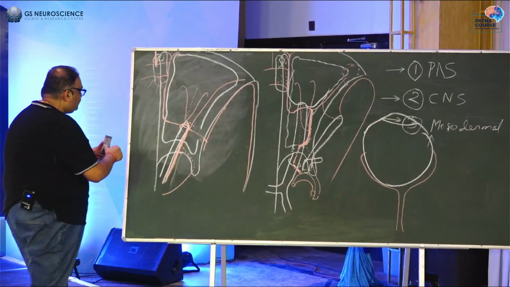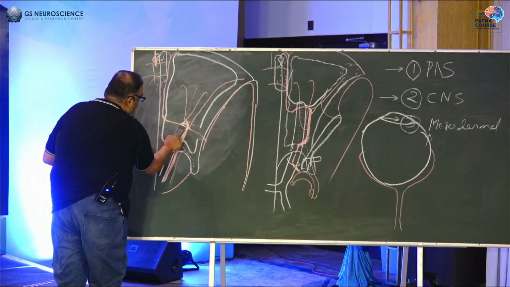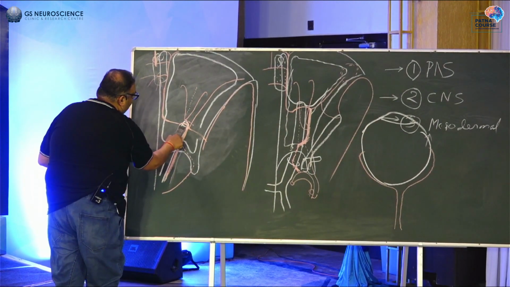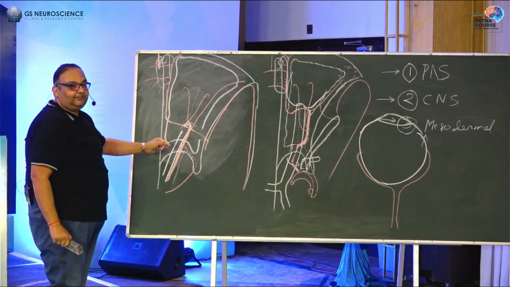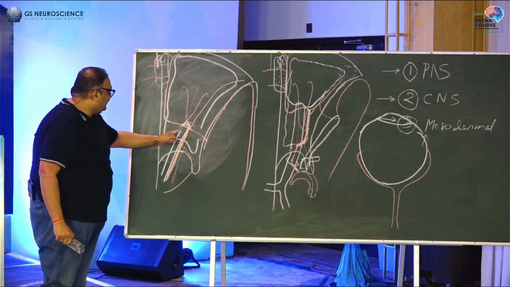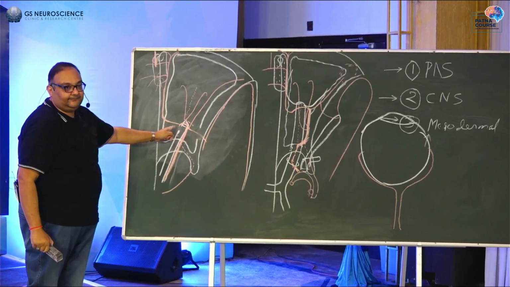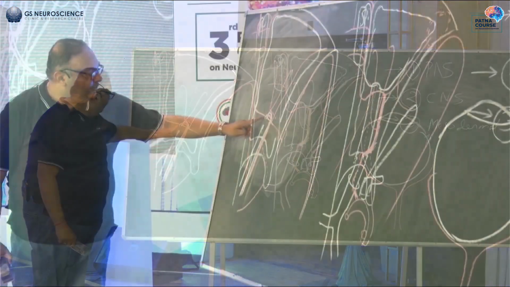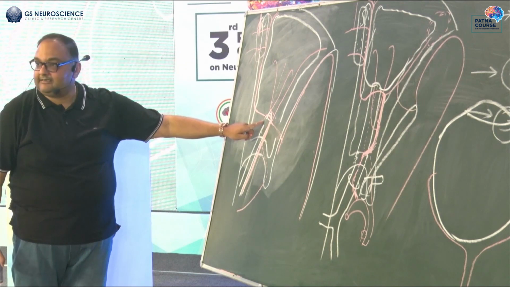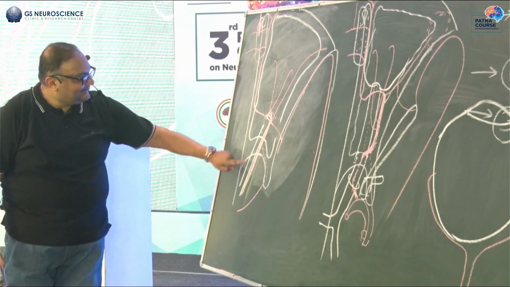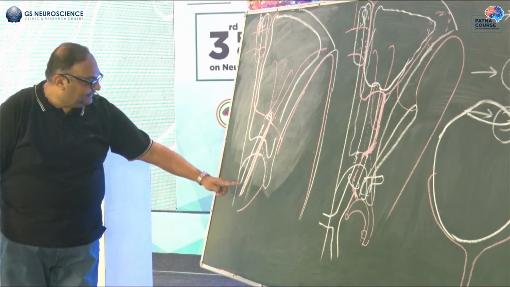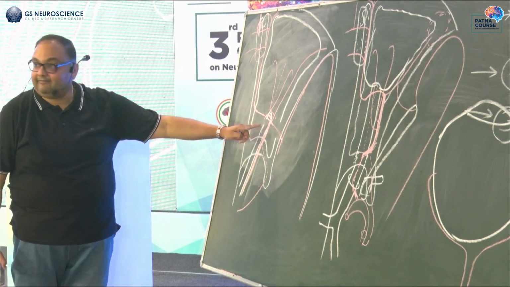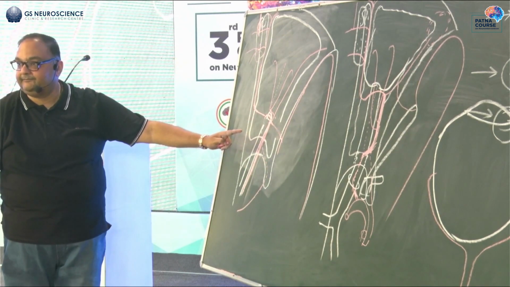Now, in the most common predisposition, this anastomosis, that was a part of the anastomotic ring around the optic nerve, the medial limb of it disappears. So the moment the medial limb disappears, now you start getting the final disposition of the entire system, in which the ophthalmic artery is traveling lateral to the optic nerve.